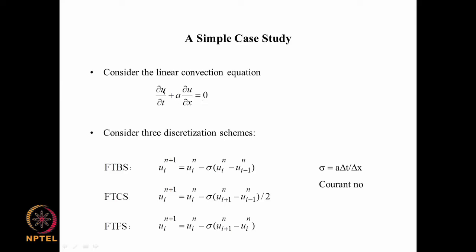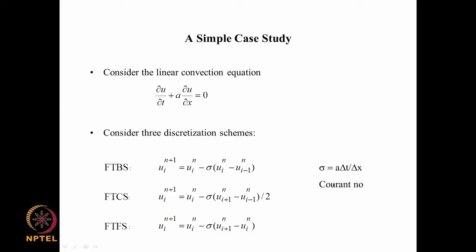So you have u i n plus 1 minus u i n divided by delta t plus a times u i minus u i minus 1 by delta x equal to 0, and that can be rearranged to give a straightforward expression: u i n plus 1 equal to u i n, which is coming from the time derivative, minus sigma times u i n minus u i minus 1 n.